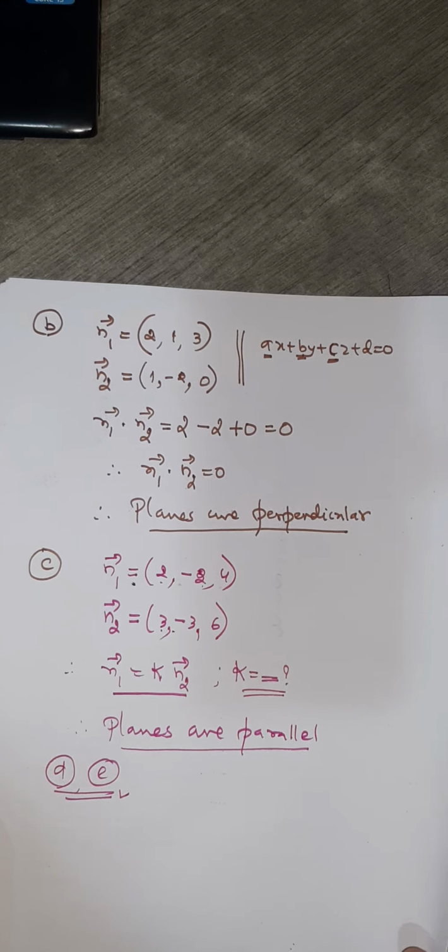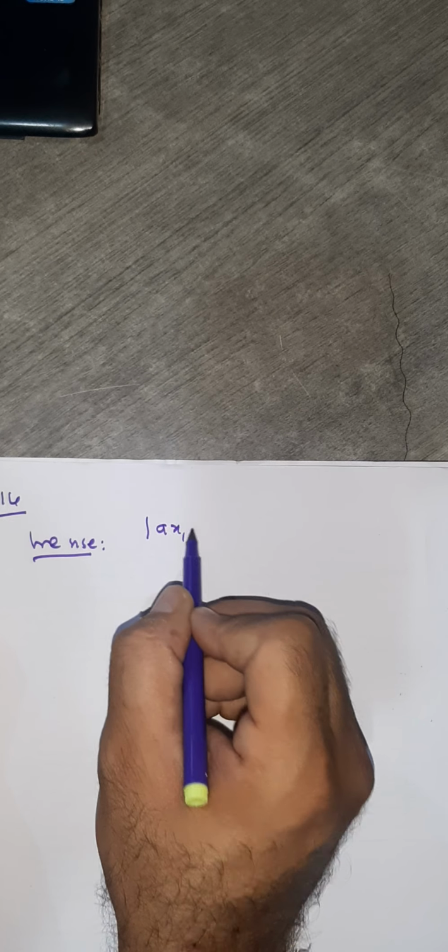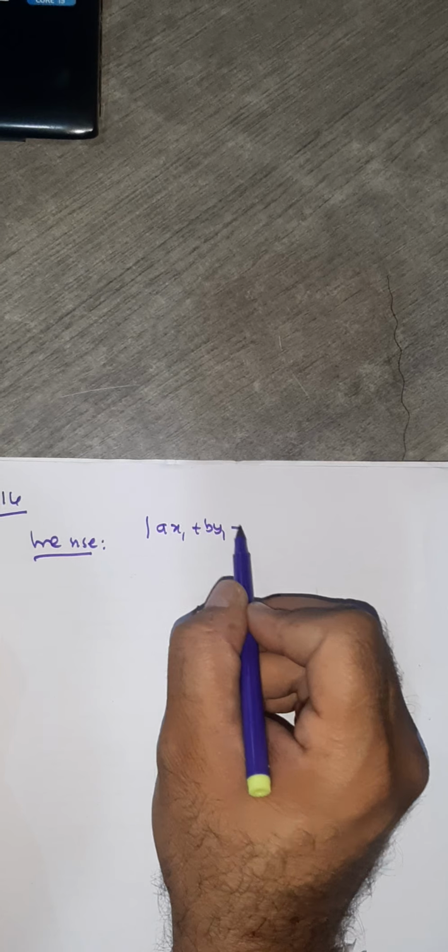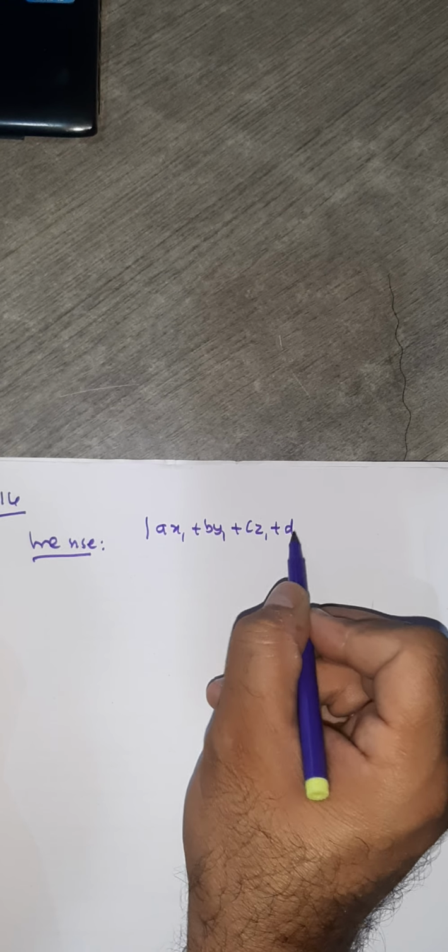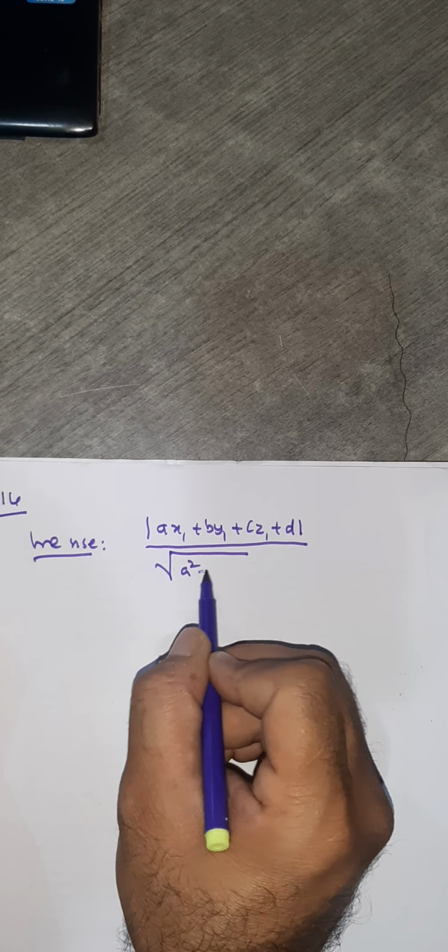Okay. Question number 14. What's question number 14? There you want to get the distance of each of the given points from the plane. So in all these four sub questions, which formula do we use here? If you remember, we use modulus of ax1 plus by1 plus cz1 plus d upon under root a square plus b square plus c square.